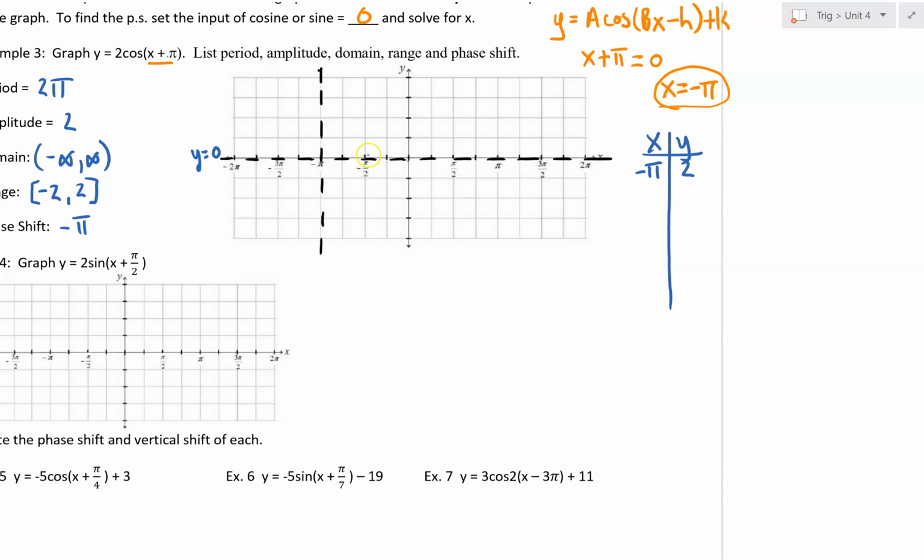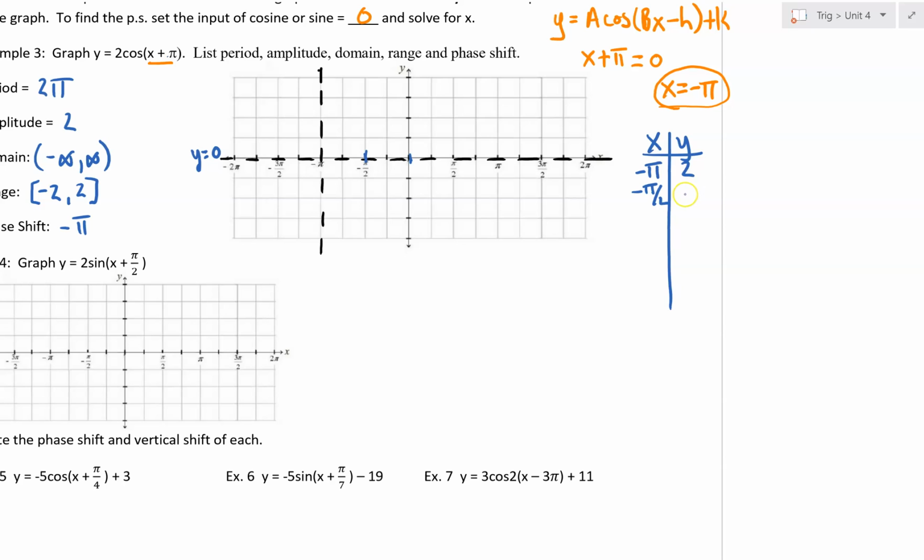Now, I'm going to take each progressive spot that we would have picked normally, meaning I'm going to skip 2 lines, but in this case, I'm going to use negative pi over 2. If I use negative pi over 2 and I add pi, meaning I'm going to add 2 pi over 2, well, 2 pi over 2 minus pi over 2 is pi over 2. What's cosine at pi over 2?